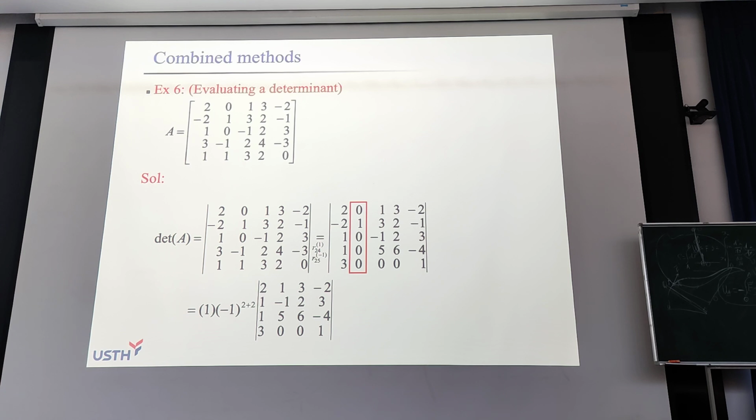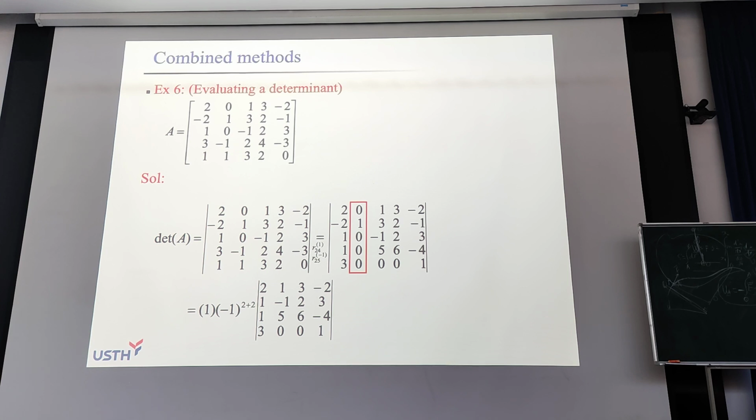If you apply the row elementary operation here, we get a new matrix with the second column consisting of only one non-zero entry. Then we apply the cofactor expansion along that column, and we reduce the matrix into a smaller size matrix.